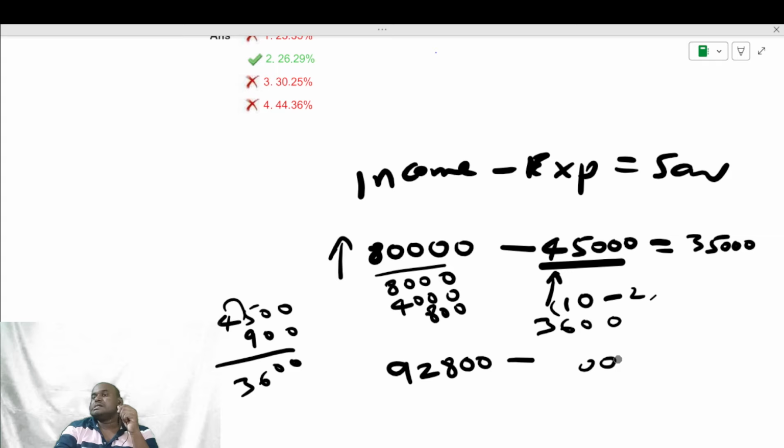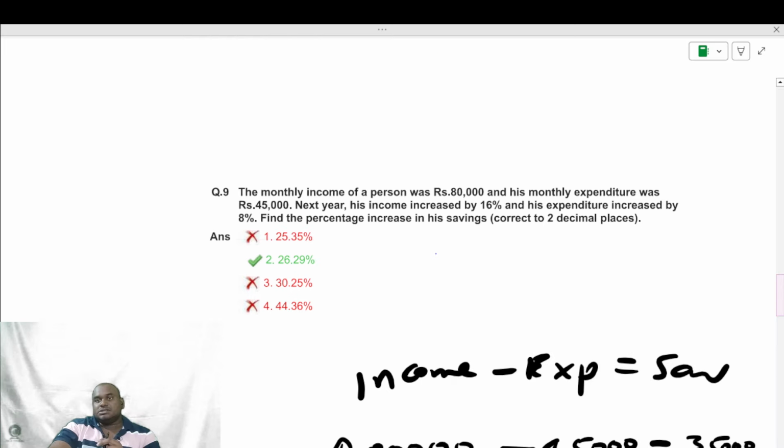How much is it becoming? 51,400. How was the question? Find the percentage increase in his savings. So now, next saving is 51,400.